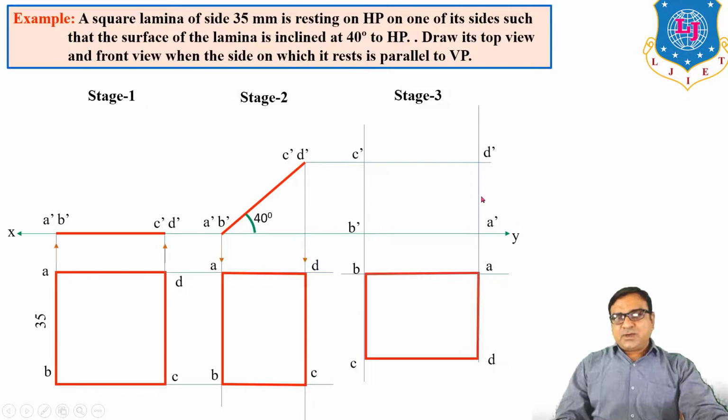So when we join straight lines between all these points, we will get the front view of the required conditions. So our stage 3 front view and top view is our final answer, but we cannot draw the front view and top view directly. So we will go step by step and we will reach the required conditions.